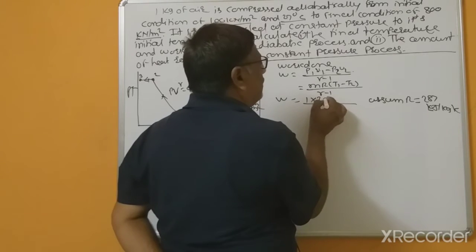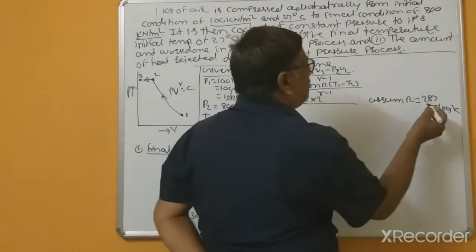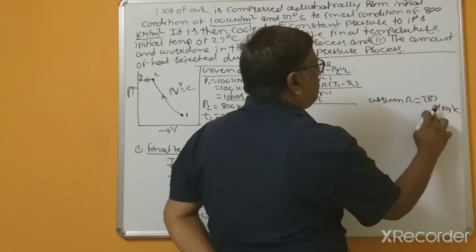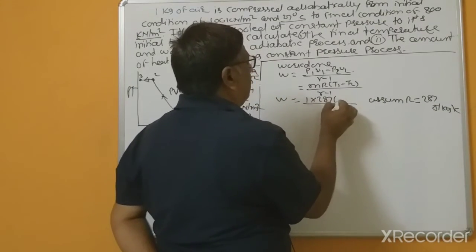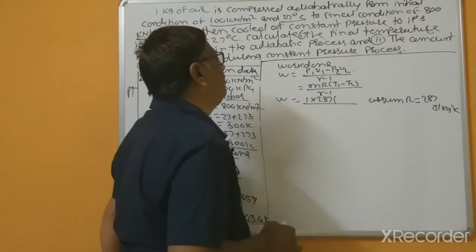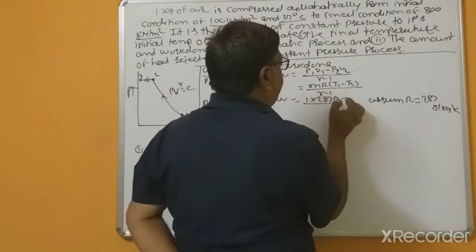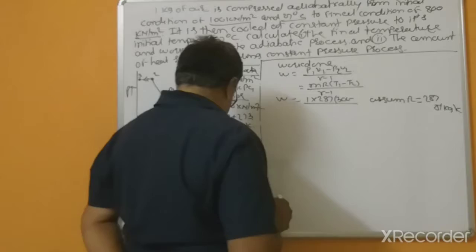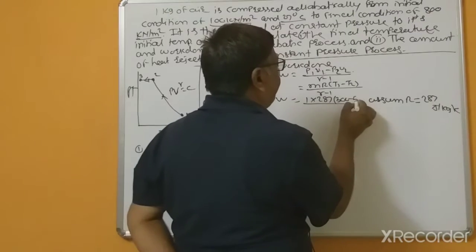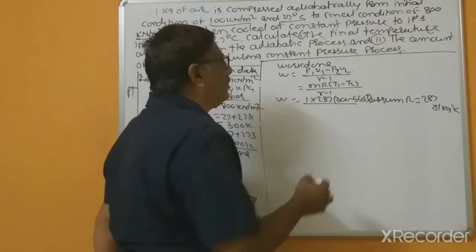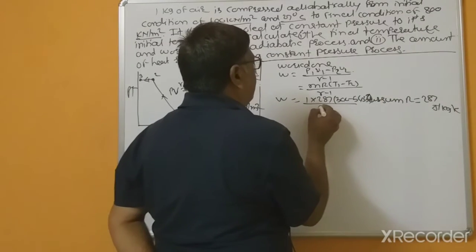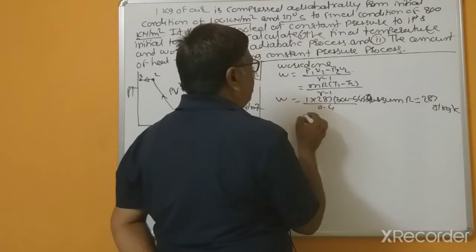This 287 is in terms of joule. So 287 multiplied by T1 temperature, 300, minus 543.4, divided by 0.4.